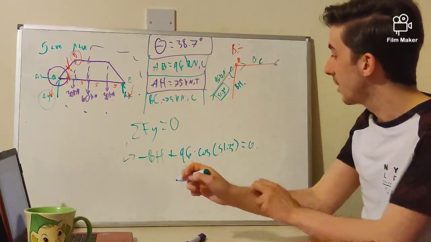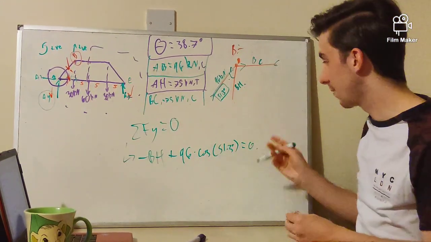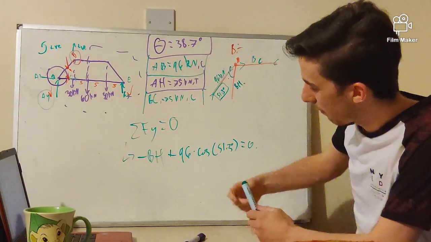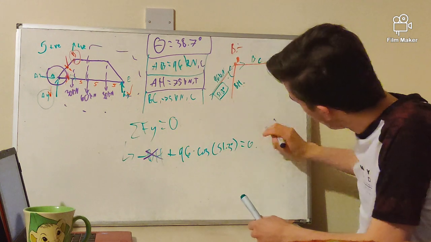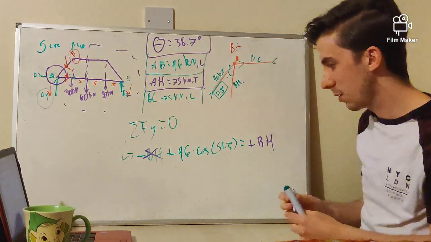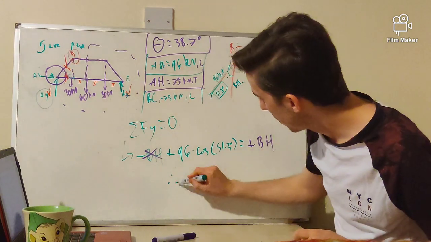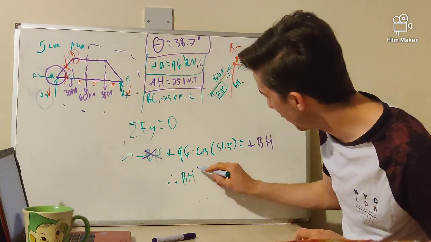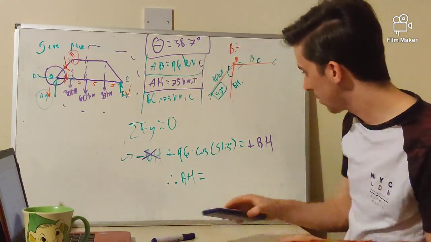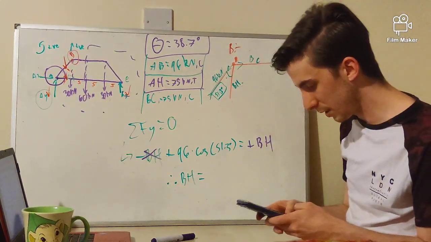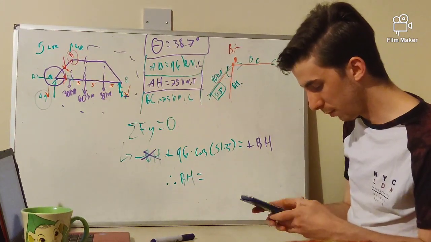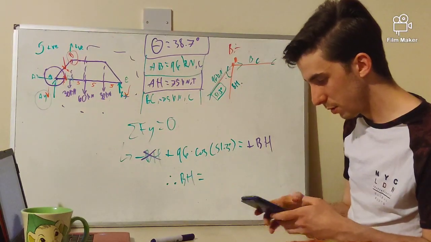So that means that 96 times the cosine of 51.3 equals BH, because I can take that from here and add it back on here. Therefore, the BH force must equal whatever that is. So that's 96 times 10 to the 3 times the cosine of 51.3.